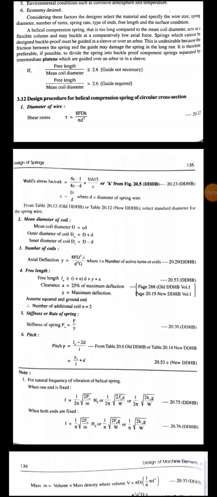For that, we use the equation Y equals 8FD cubed I upon G d to the fourth, equation 20.29 from the textbook. Y is the given deflection, F is the given force, D we know, small d is the diameter of wire, and G is the modulus of rigidity. Therefore, we can calculate I, the number of coils.